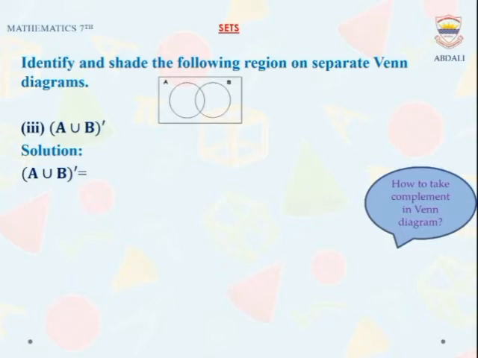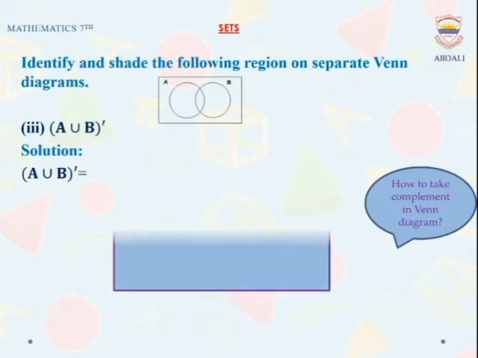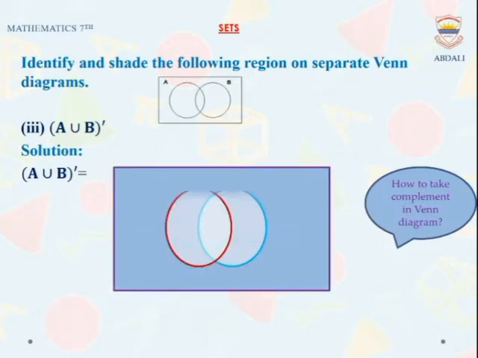So in complement we have to shade only that region of the universal set which is not in A union B. So let's draw our universal set, and after that we will draw both sets A and B, and look carefully.